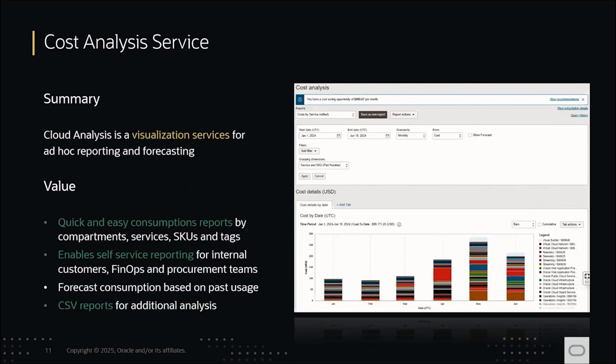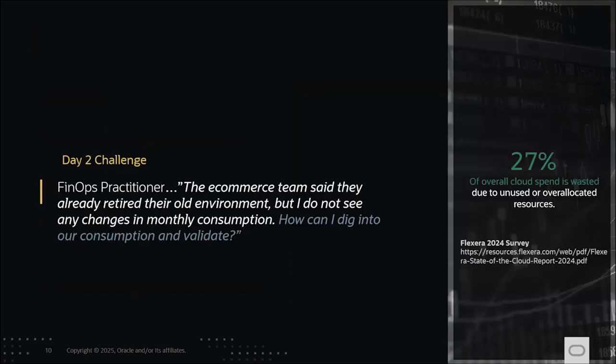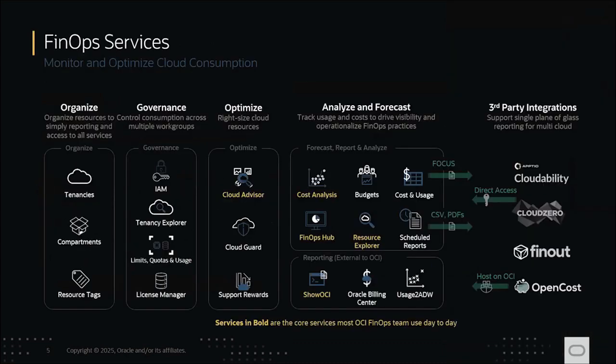Yeah, what we see a lot of times with that is there is the ability, and I'm going to roll back up a couple slides. This is where we get a little more dynamic here in the presentation. There are tools with scheduled reporting where you can kick things out as a CSV or PDF. That was the old style of doing things. But within that same suite of tools where cost analysis lives, where budgets live, and a lot of other tools, you can also dump out FOCUS reports and get your cost and usage.